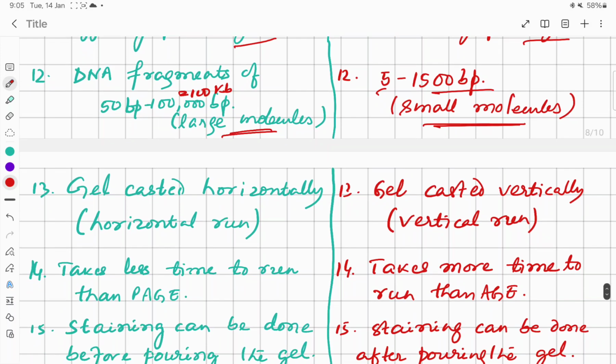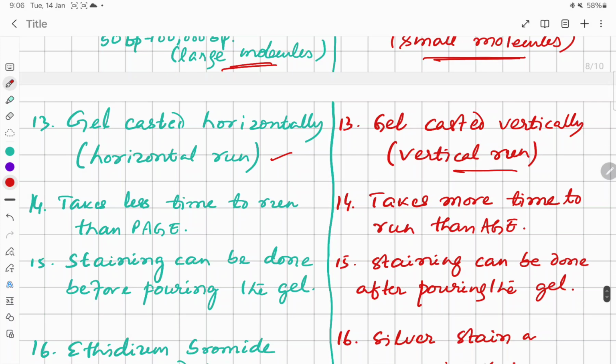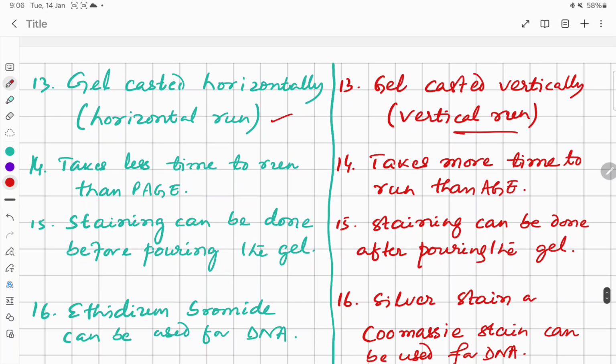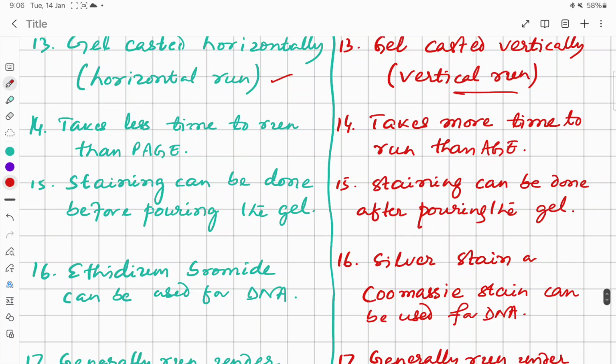The agarose gel is cast horizontally, so there is a horizontal run, whereas in case of PAGE the gel is cast vertically, that is a vertical run. Agarose gel electrophoresis takes less time to run than PAGE, whereas PAGE takes more time to run.